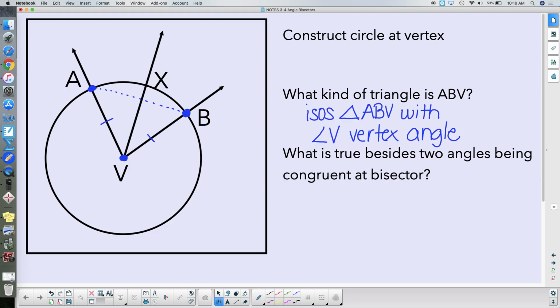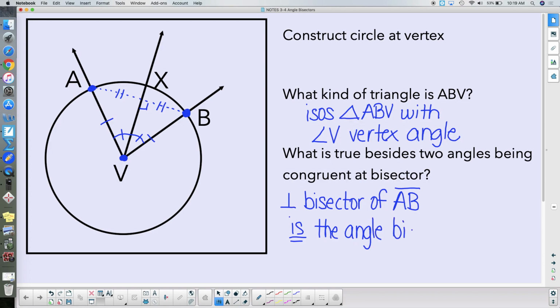So what's true besides two angles being congruent at the bisector, because we know that it's going to fall and do that, is that in this particular case, because it's isosceles, this is also the perpendicular bisector of side AB. So in this case, only because the triangle is isosceles, the perpendicular bisector of side AB is the angle bisector of angle V.